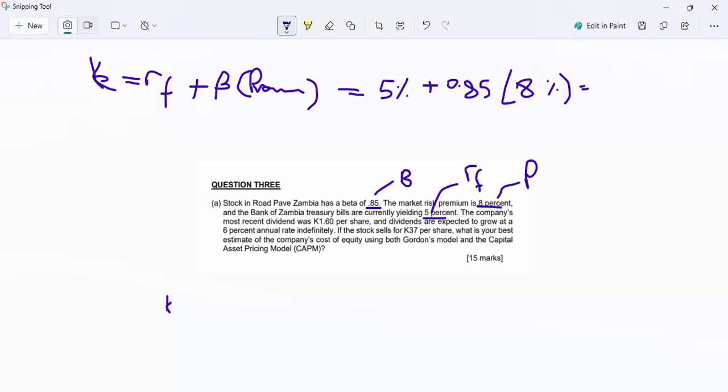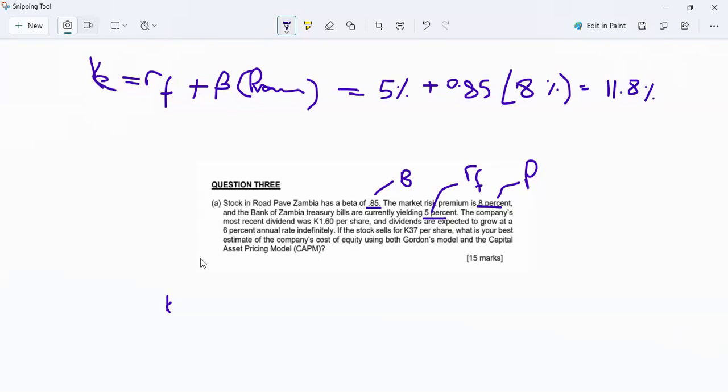So what are we getting here using the Kaplan model? 11.8%. Correct.